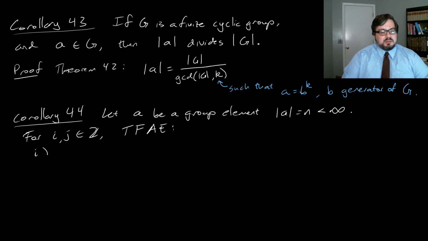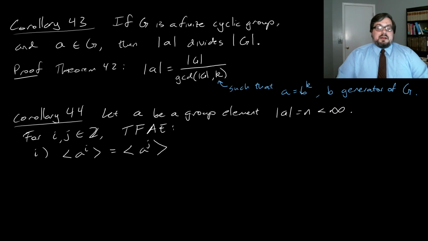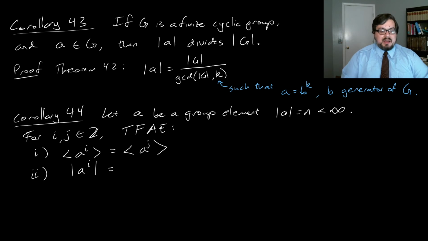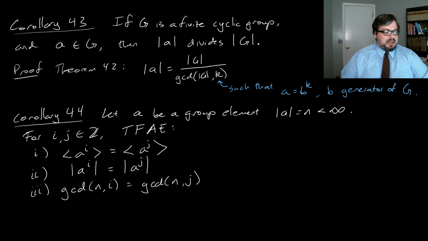First, the cyclic subgroup generated by a to the i is equal to the cyclic subgroup generated by a to the j. Part 2, the order of a to the i is equal to the order of a to the j. And part 3, the greatest common divisor of n and i is equal to the greatest common divisor of n and j.